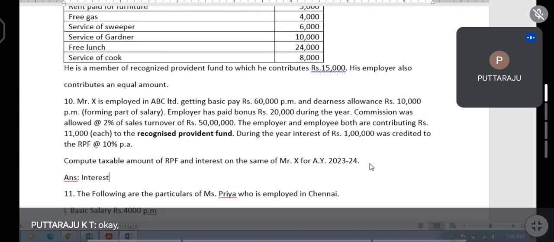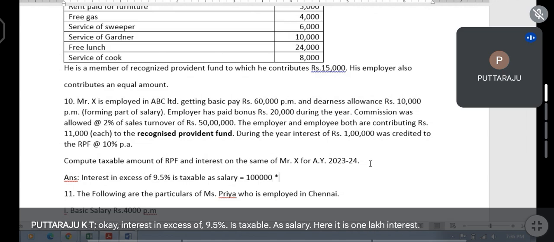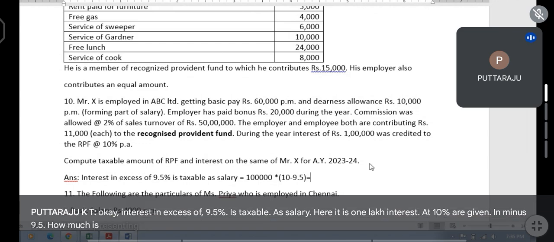Okay, interest in excess of 9.5% is taxable as salary. Here it is 1 lakh interest at 10% they are given. 10 minus 9.5, how much is the excess? 0.5%. That becomes 5,000 is taxable.